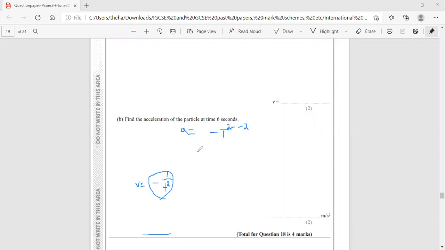Okay, so we'll differentiate that. So with -2 times -1 gives us 2t to the power of -3. Okay, so then what we're going to get is 2 over t to the power of 3.